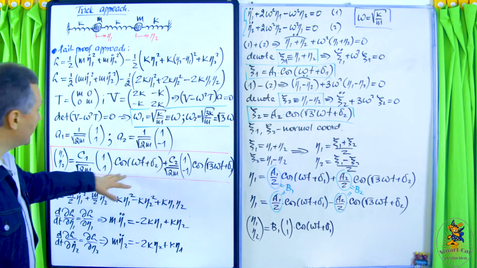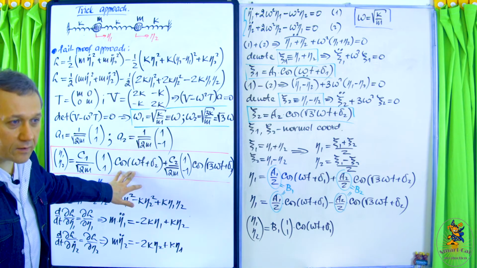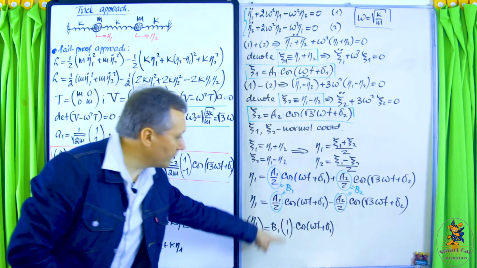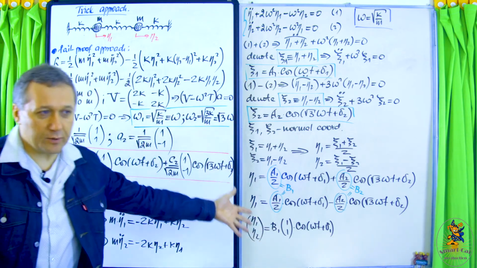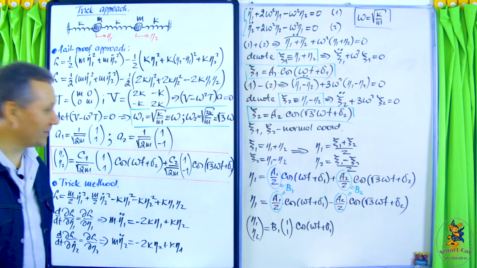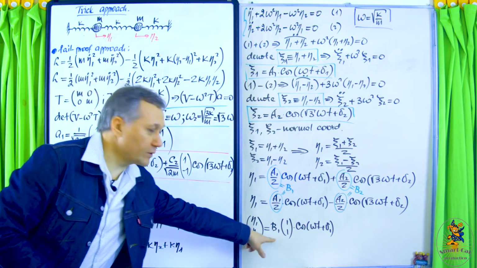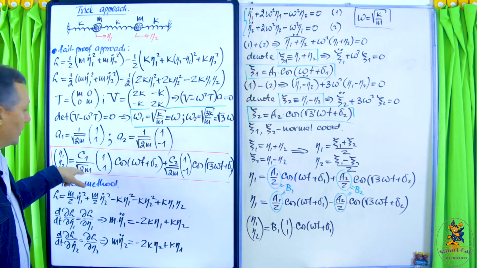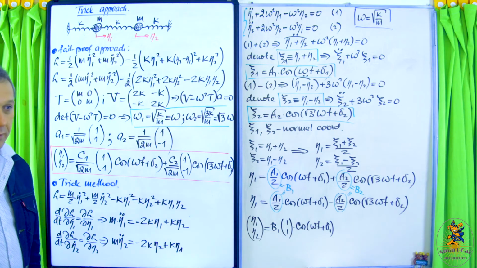It's exactly the same, but the eigenvectors are not normalized. This eigenvector is not normalized. Okay, big deal, you can easily normalize it if you want. You see, the first term is exactly the same, but here they are normalized, there they're not.